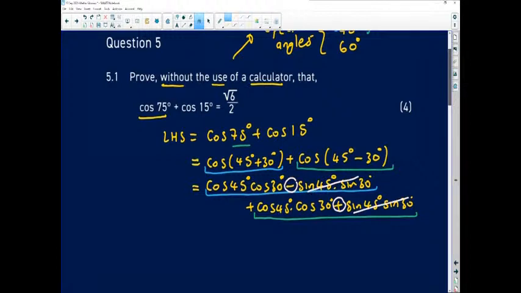And then what remains is two things that are also identical, but they're both positive. Because they're both positive, they will sum up to double whatever they are. So cos 45 cos 30 plus another cos 45 cos 30 is just 2 times cos 45 times the cosine of 30 degrees.